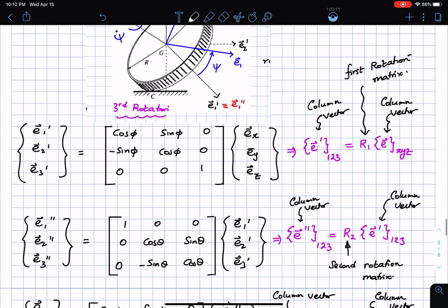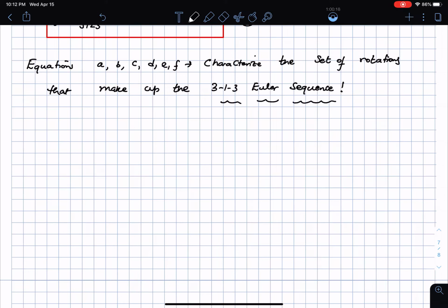First of all, let's give these names. Notations: we will call the E x y z frame F1. Then E prime 1 2 3 is frame F2.